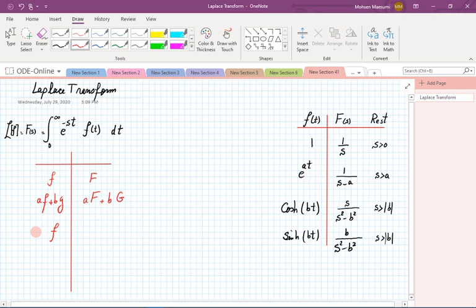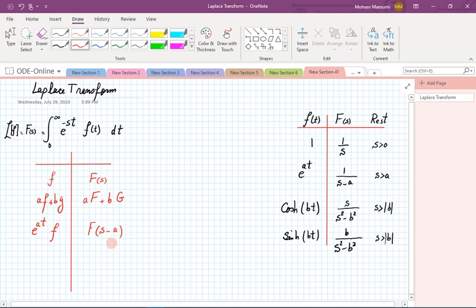If I have a function and I multiply it by an exponential like this, then the Laplace transform of this product can be found very easily. If this is F(s), all that happens here is that the Laplace transform gets shifted by a. So the answer becomes F(s minus a).